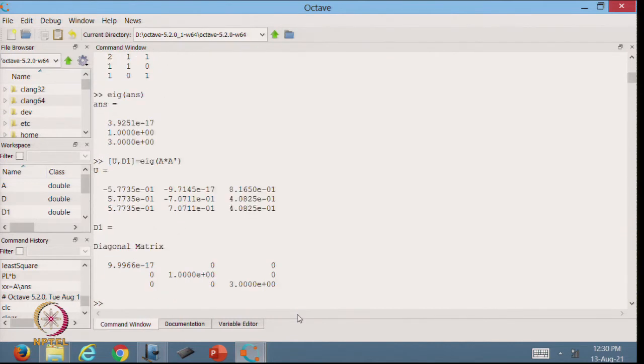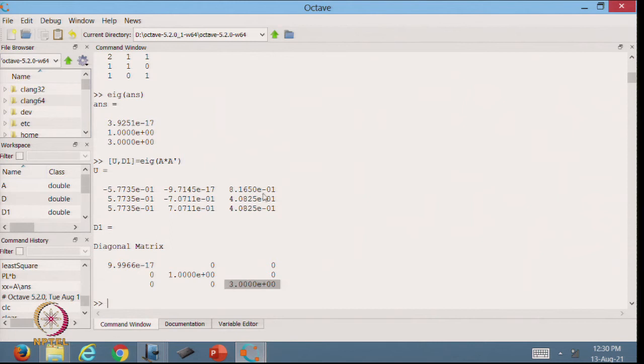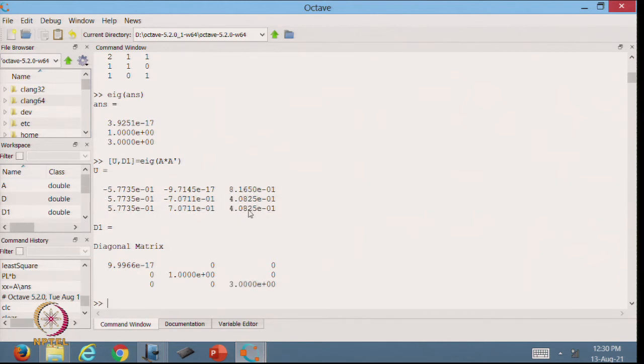So, these are the values I got. Now from here you can see that the matrix is this one. For the eigenvalue 3 I get this vector, and this vector is 0.4, 0.4 and 0.8.